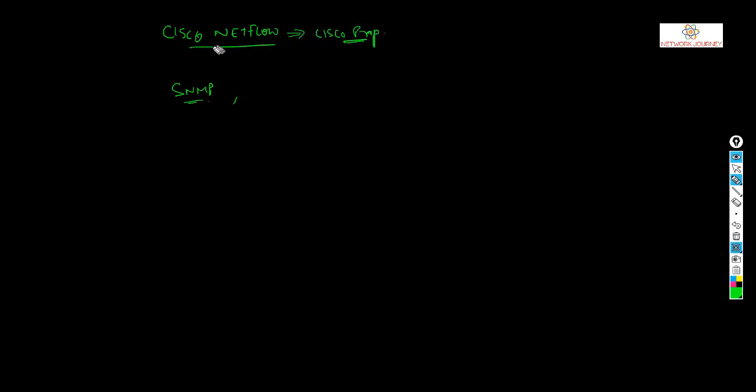Okay, and how it is different from SNMP is when we have a lot of similar traffic, like source and destination all the same, SNMP will not be able to differentiate the traffic here. Okay, whereas Cisco NetFlow is one such feature which will help us to differentiate the traffic.